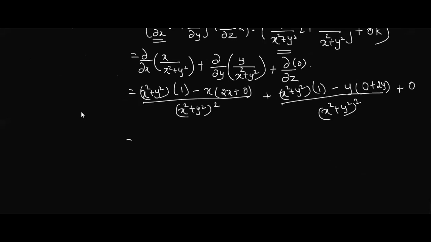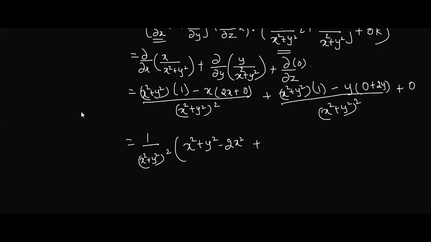Okay, now to simplify, aren't the denominators the same? Better I'll take it out. So I'll take 1 upon x square plus y square the whole square out. Now what will you get? This is x square plus y square, and minus x into 2x means minus 2x square. And in between we have a plus.